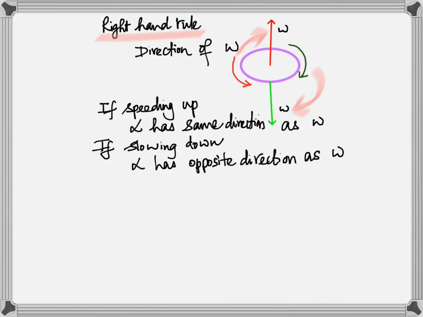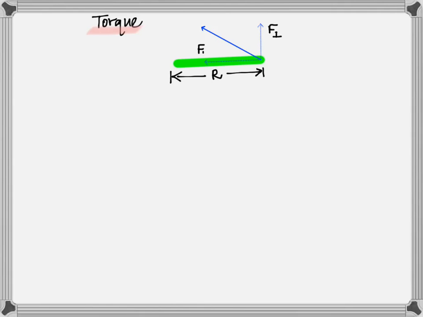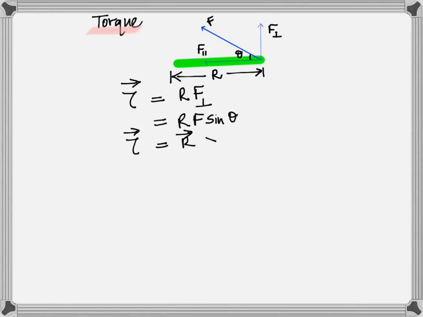The moment of inertia, right? That's the force applied, and there you see the torque. To calculate the torque, you multiply the distance from the axis with the perpendicular component of the force.